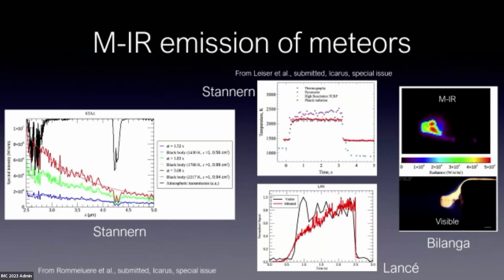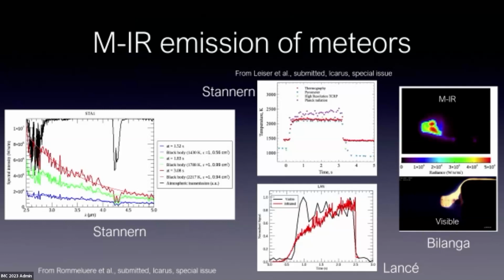We found that on average, the temperature is between 1800 and 2200 Kelvin, which was very different from previous mid-infrared measurements. But we compare here an in-lab meteor at 12 kilometers per second, and the frames that we had were taken during the Leonids, so that's the other extreme of the velocity spectrum.